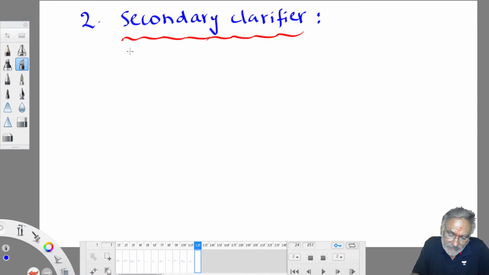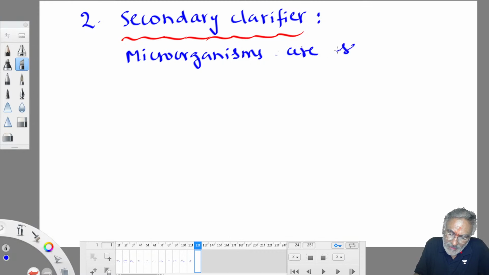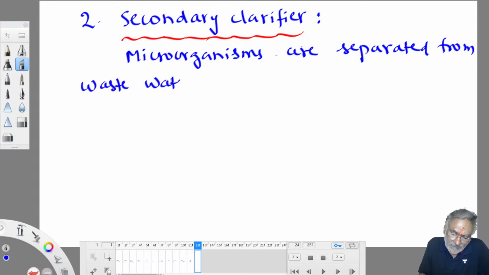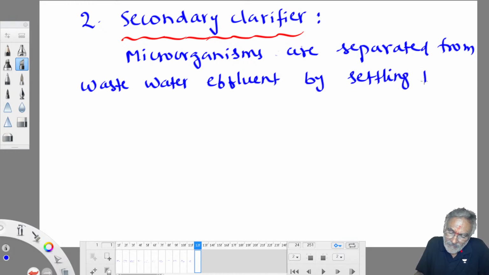Secondary clarifier is nothing but a secondary sedimentation tank. Microorganisms are separated from the wastewater effluents by settling them in the form of sludge at the secondary clarifier.